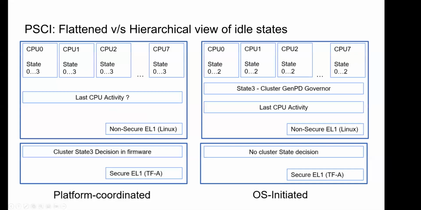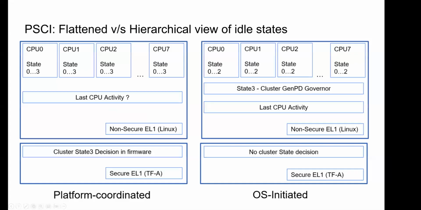We don't have numbers, but we do have targets in upstream, some of which have more than one cluster domain idle state. Yes, but I think the way it works today is it always expects the CPU to be in the last state to enter any domain state.